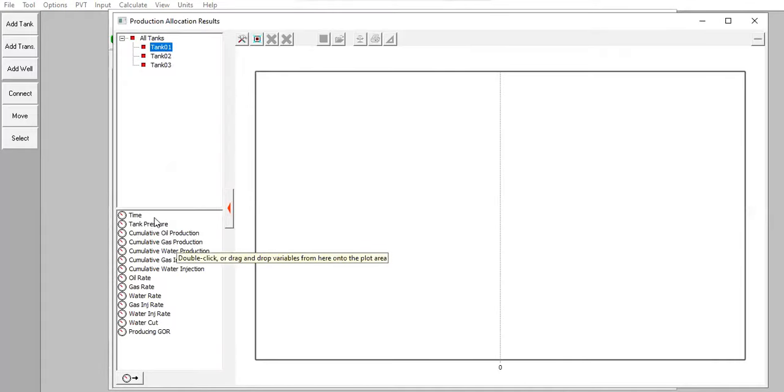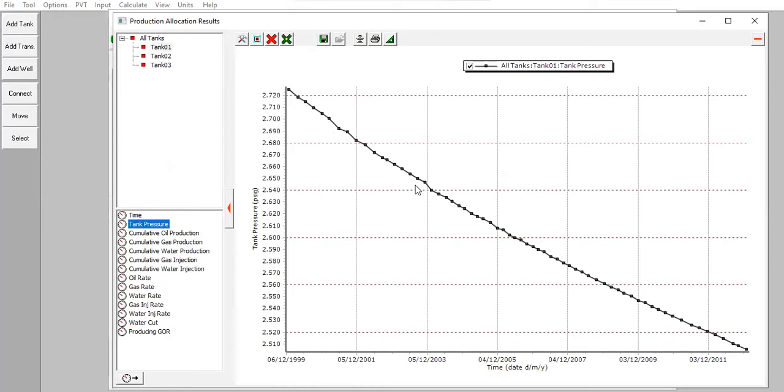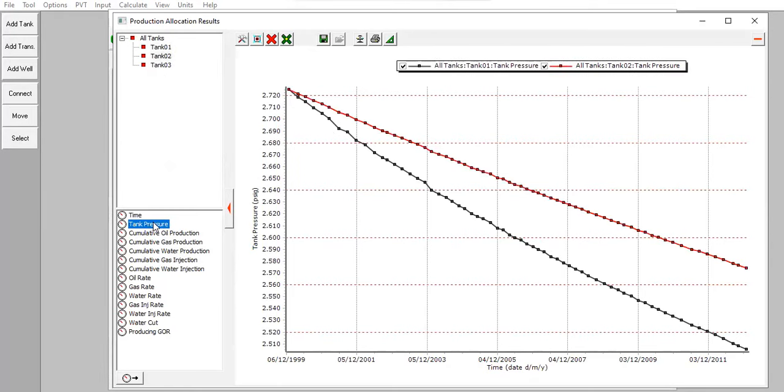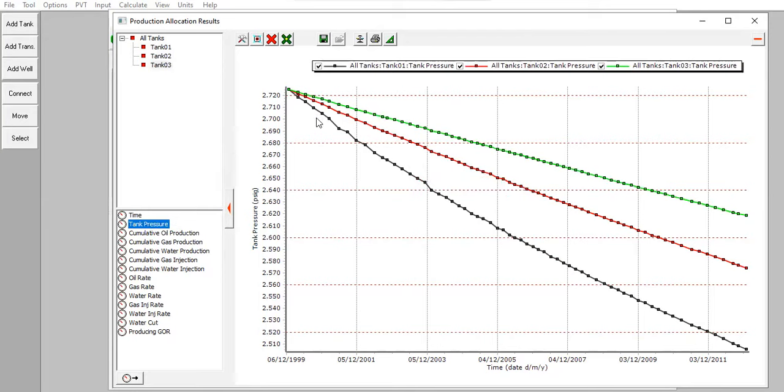Tank 1, let's see the tank pressure profile. Okay. Tank 2, all right. Tank 3, interesting. All right, so tank 1 will have the pressure decline faster compared to tank 2 and then tank 3. Tank 3 will show the slowest reservoir pressure decline.